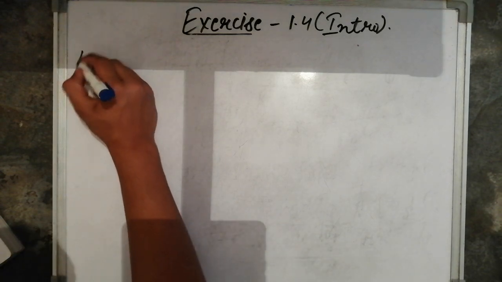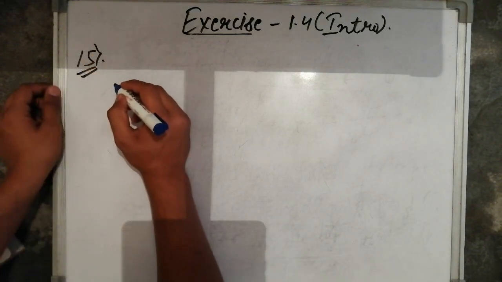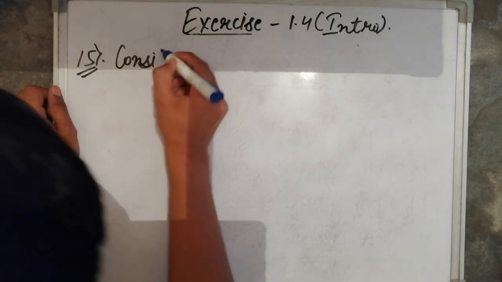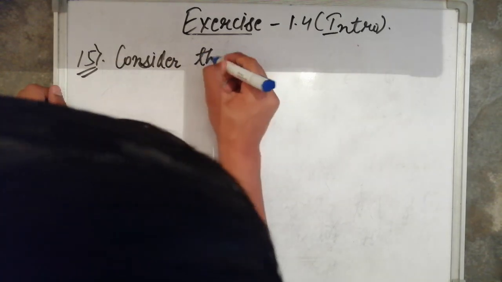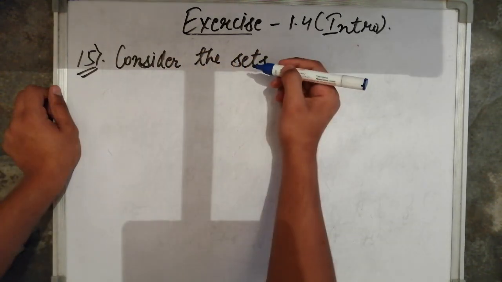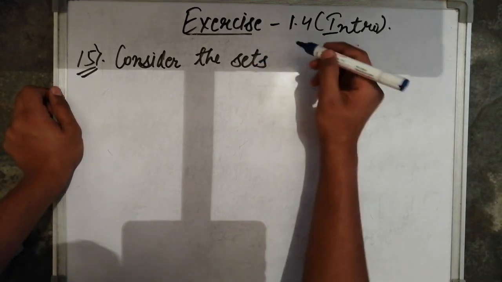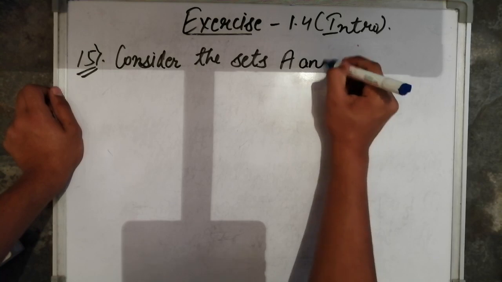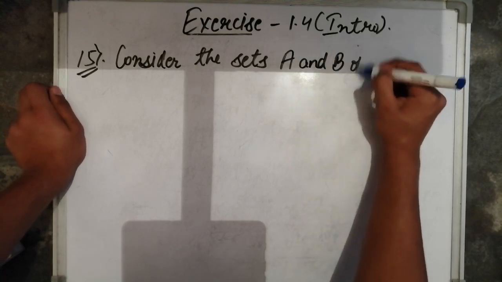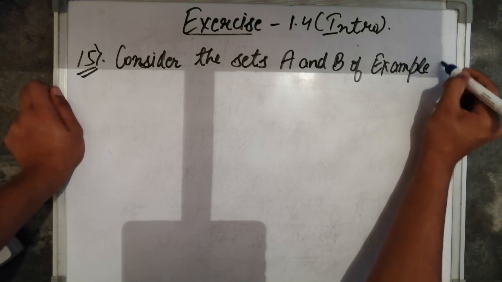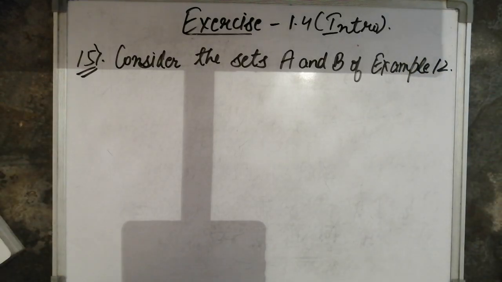Now let's take a few examples related to this topic, and let's take the 15th example. Consider the sets A and B of example 12. So what were the sets A and B in example 12? Let me look.